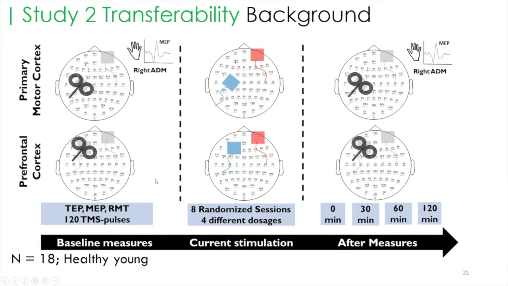Therefore, we designed this study in which 18 participants took part in 8 randomized sessions, 4 sessions over the motor cortex and 4 sessions over the prefrontal cortex, including sham, low dosage, medium dosage, and high dosage of tDCS, and then the after effect was probed using the TMS-EEG technique.